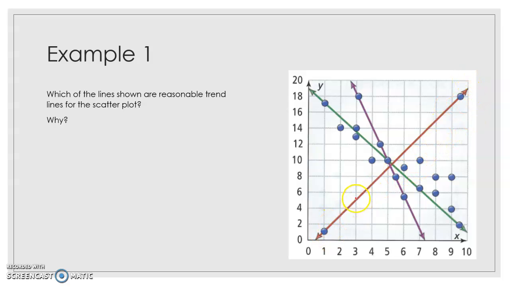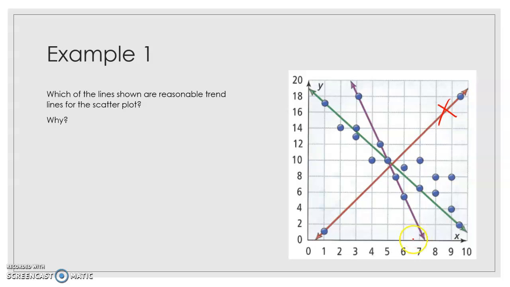That being said, they don't match our data because our points here have a negative association. Remember, negative association means that as x increases, our y values decrease. And this red line is actually showing a positive correlation, but really it goes through 2 points and is not following the rest of the data. So red is out.